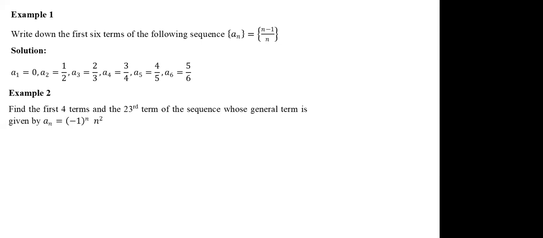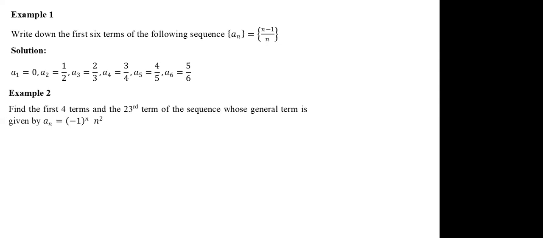If you look at example 2, the general term given to us comprises two parts: minus 1 raised to power n and n squared. Whenever you are considering your n, you must consider both: minus 1 raised to power n times n squared. That is what you are going to consider.